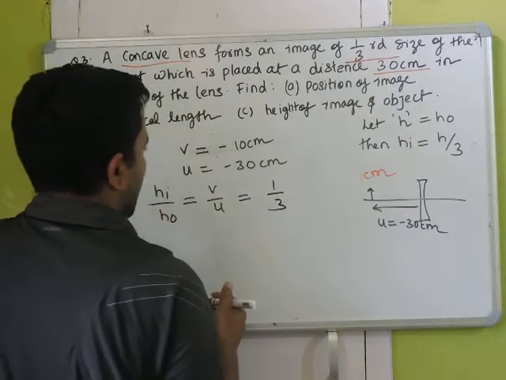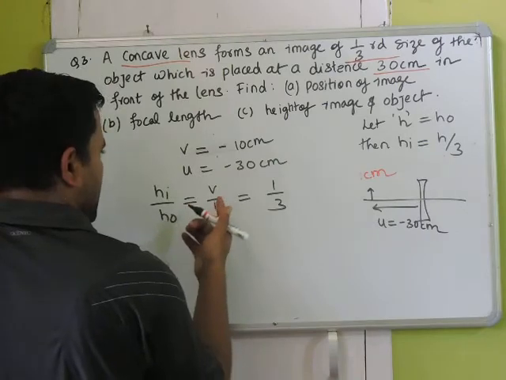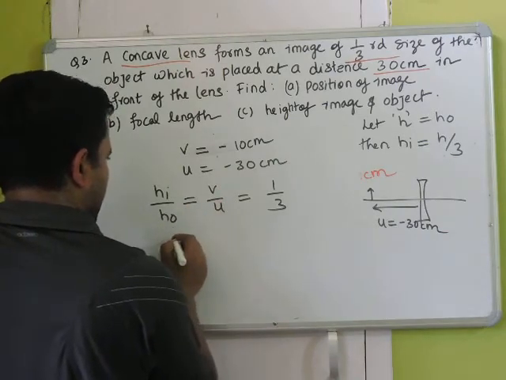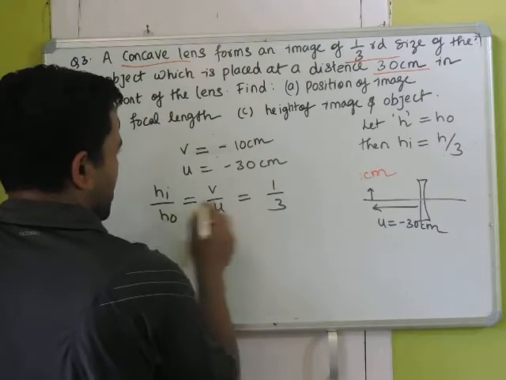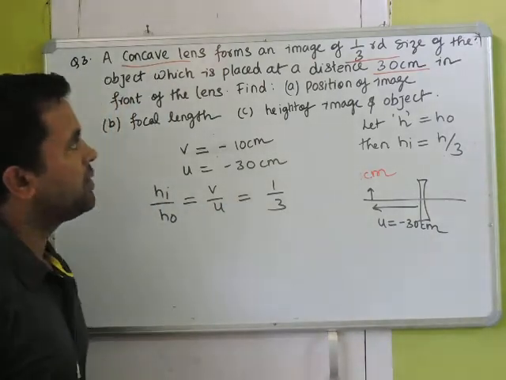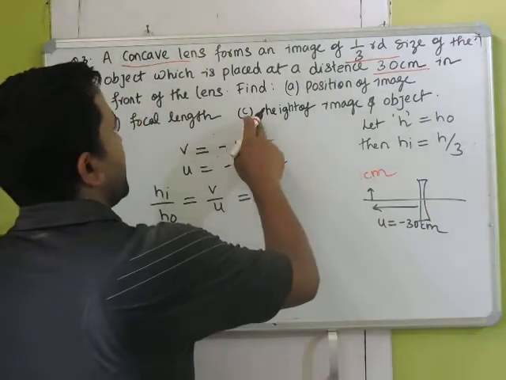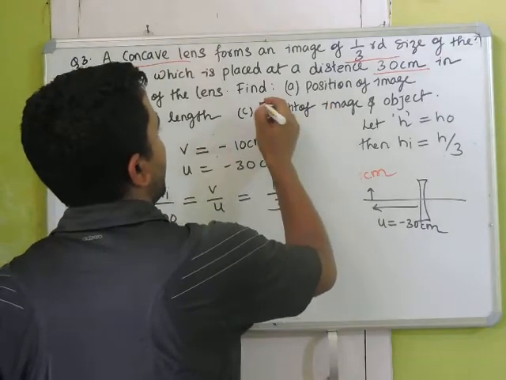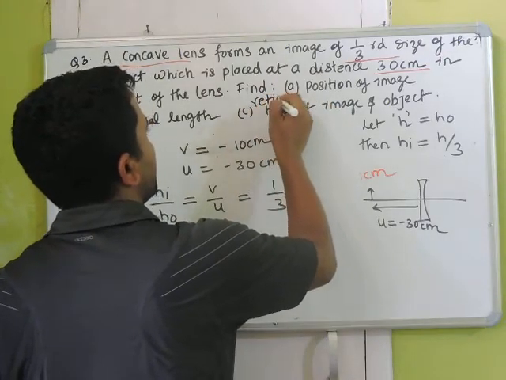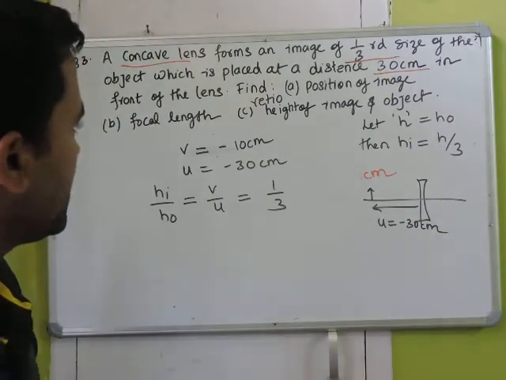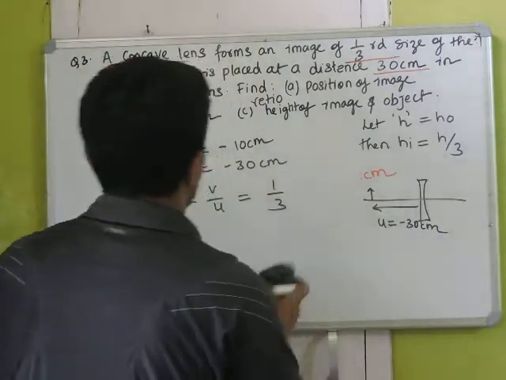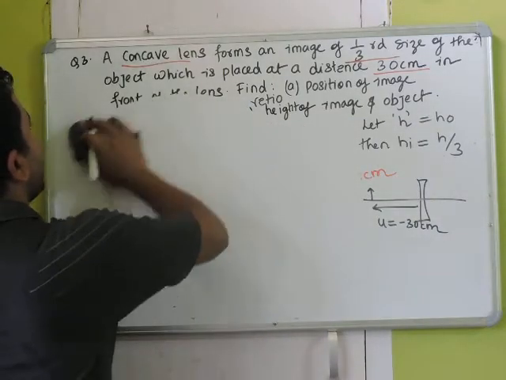Right. So the ratio of the height of the image and the object will be 1 by 3, which is given earlier only. Now we'll move to the next question.